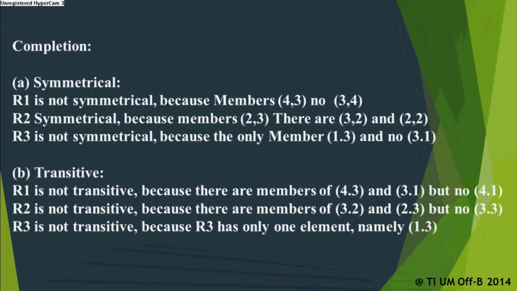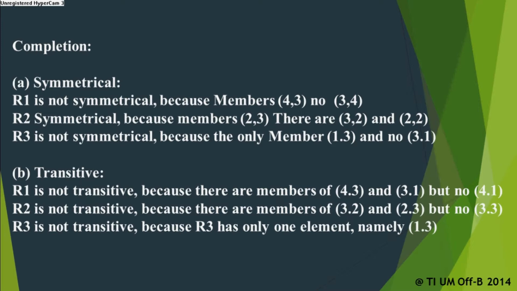Completion. A. Symmetric. R1 is not symmetric because it has (4,3) but no (3,4). R2 is symmetric because it has (2,3), there is (3,2), and (2,2). R3 is not symmetric because it has only (1,3) and no (3,1). B. Transitive.